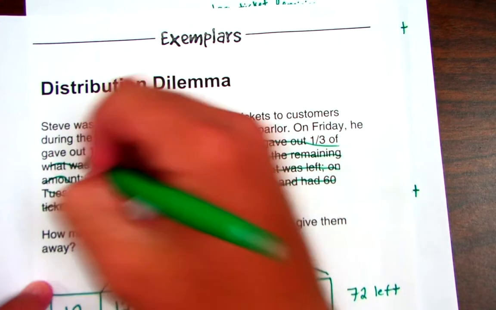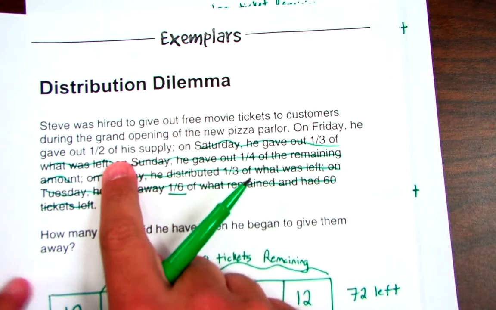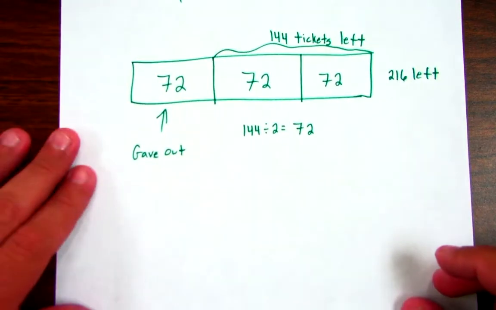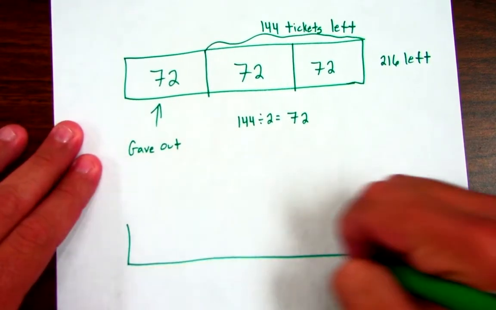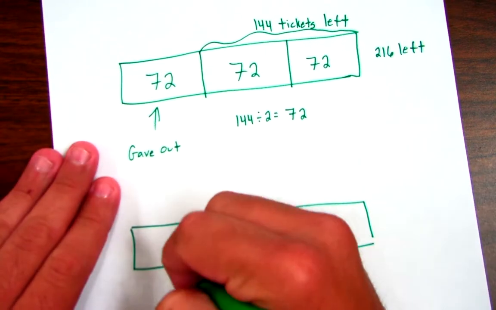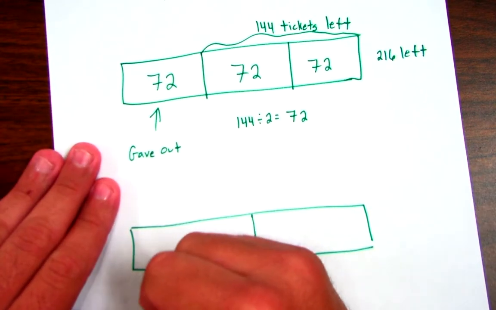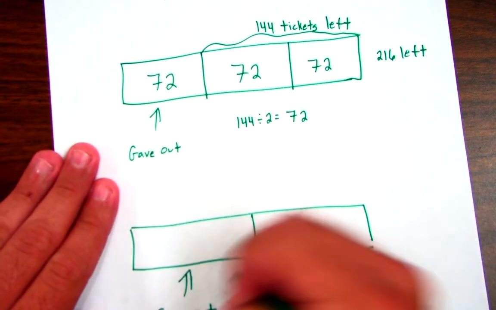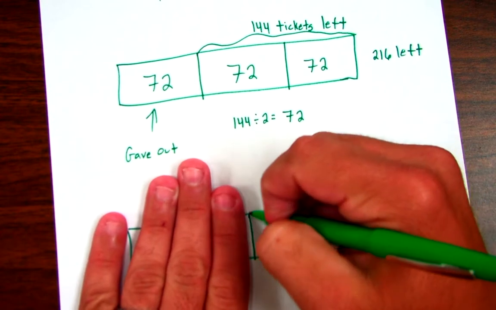Well, on the last piece, on Friday, he gave out half of his supply. So this is what he gave out. This is how many tickets were left.